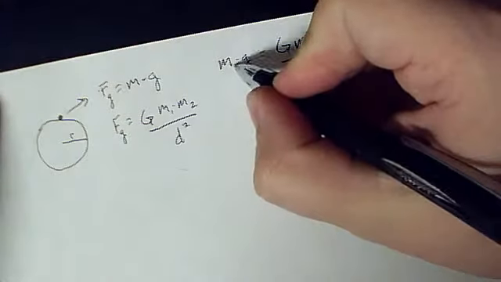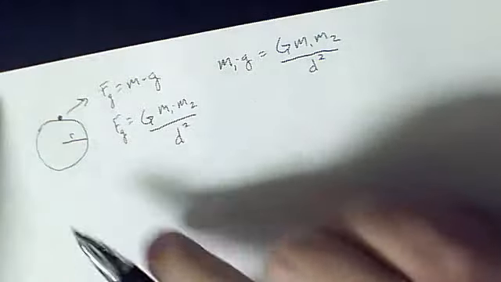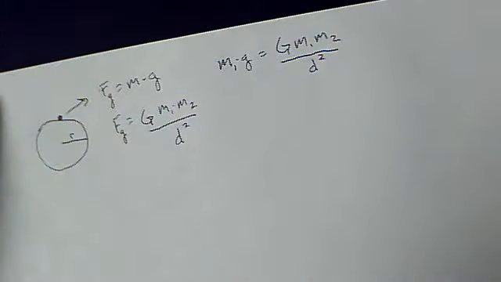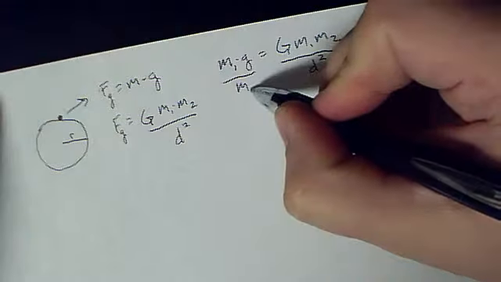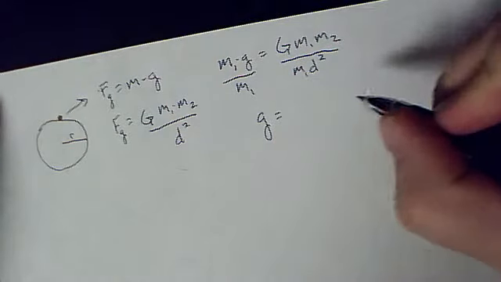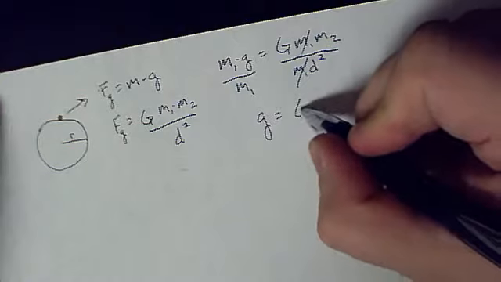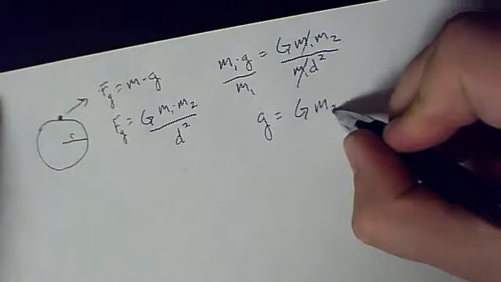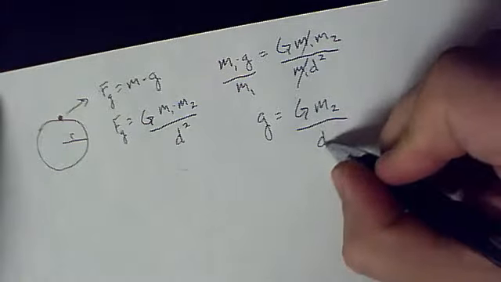So I'm going to label this m1. m2 is the mass of this big huge planet. So if I'm solving for little g, I simply divide both sides by m1. And you'll notice that little g now equals, because my m1s will cancel, big G times m2, which is the mass of the planet or the moon, divided by d squared.